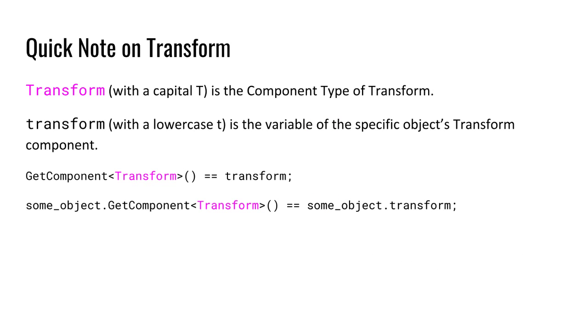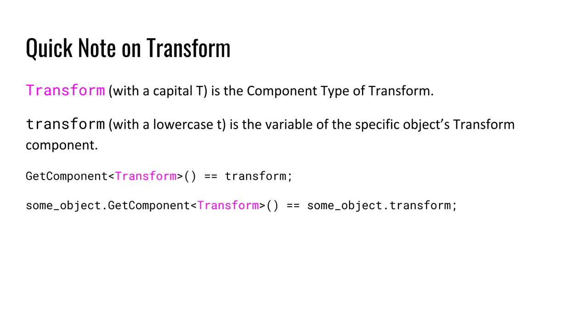So, quick note on the naming in scripts. The transform with a capital T is the type. So you would get GetComponent capital Transform. But with a lowercase t, it is the variable for the specific object's transform. So if you wanted to access that, it'd be transform dot whatever.